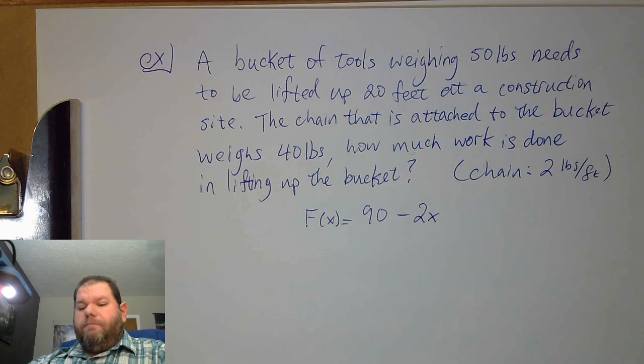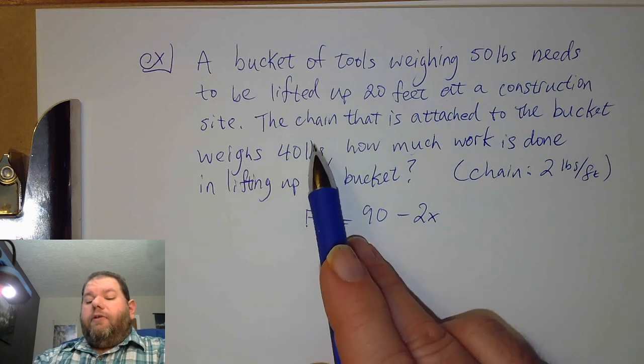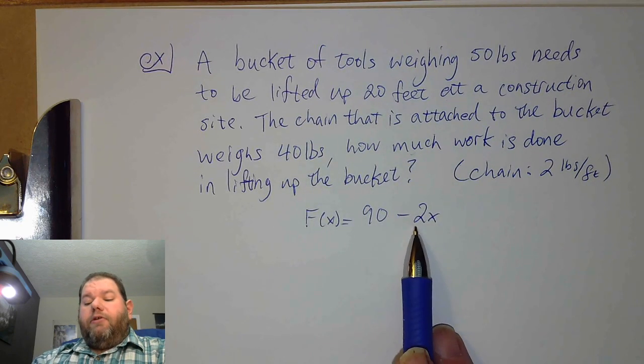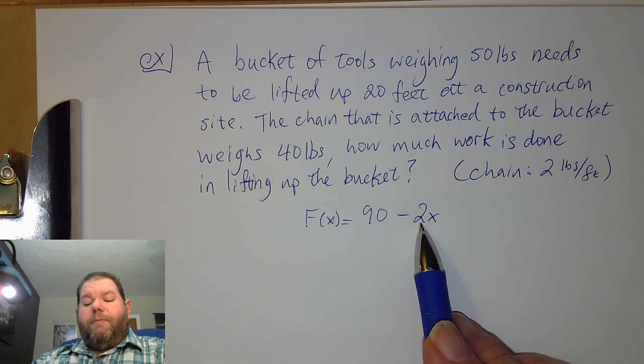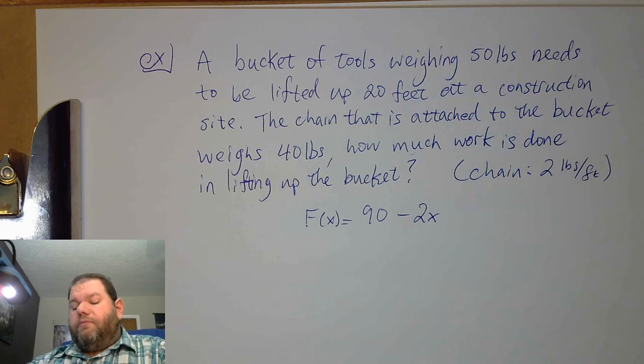Right. So we take into account the total weight, and because it's 40 pounds for 20 feet, we know the chain is 2 pounds per foot. So every foot that we wind up the chain, we reduce the amount hanging from that by 2 pounds. Okay.